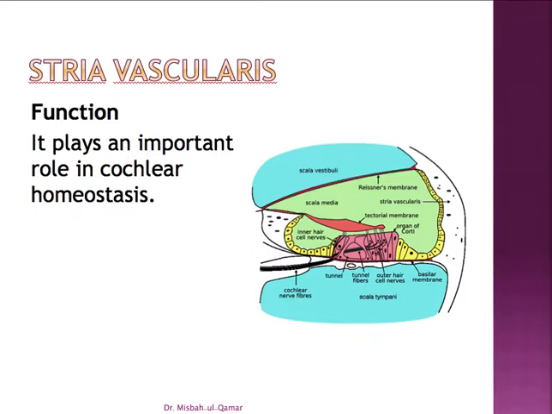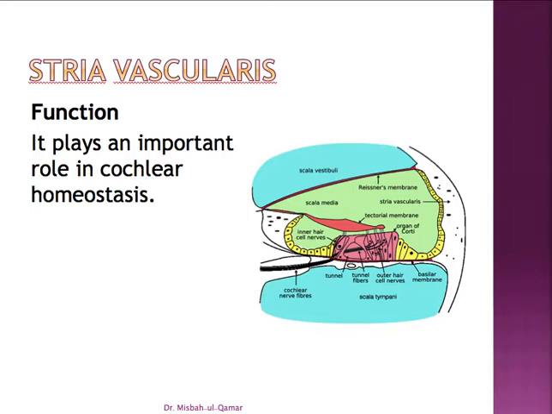And there are different types of cells present in this stria vascularis. There are marginal cells, intermediate cells, basal cells, and so on.